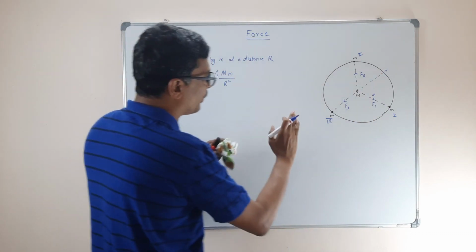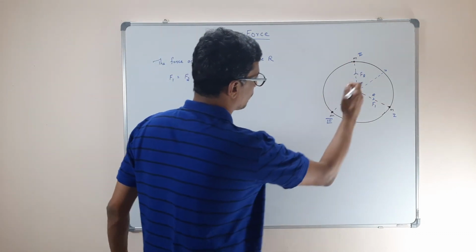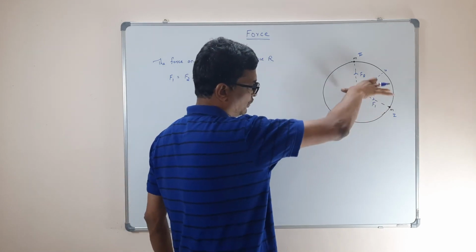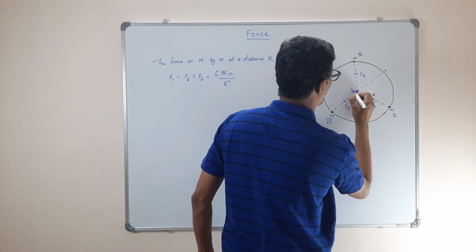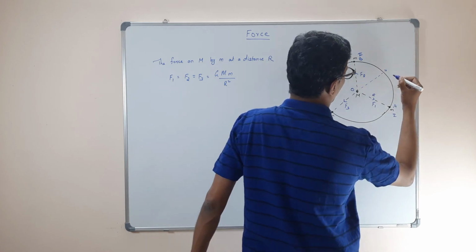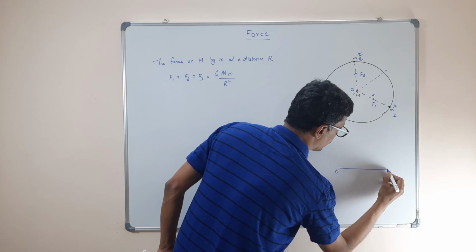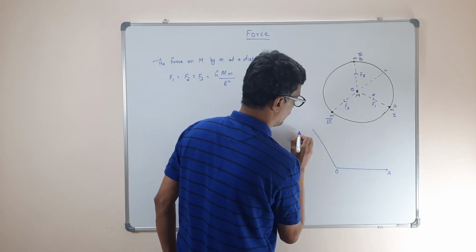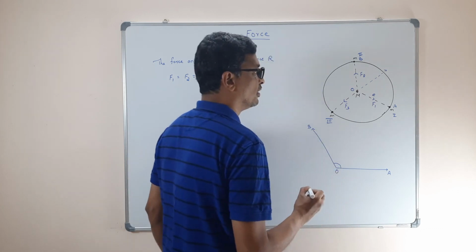Am I right? So let me draw this. I'm going to draw this one only. Let me rotate it like this, so that it will be easier for you to understand. So this is, let me call this O, A, B. Can you tell me what the angle is? 60 degrees?